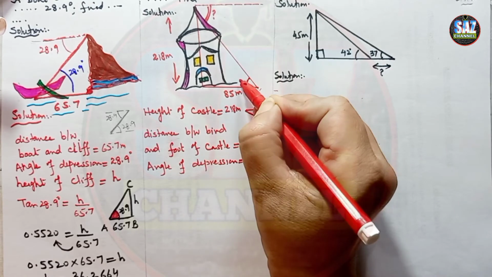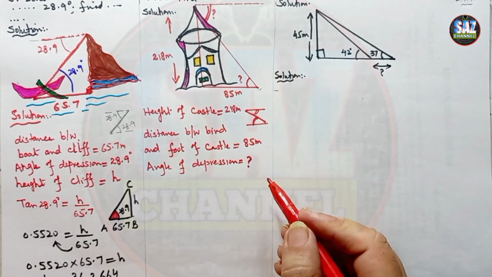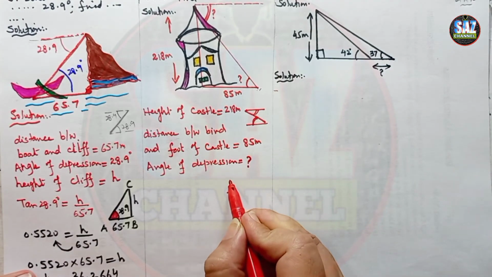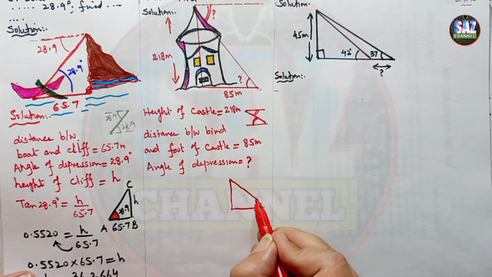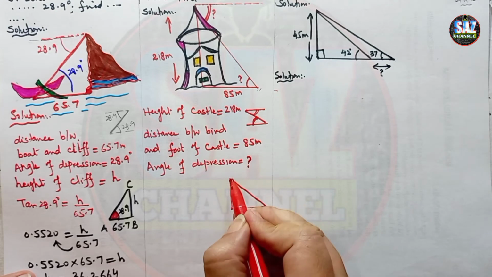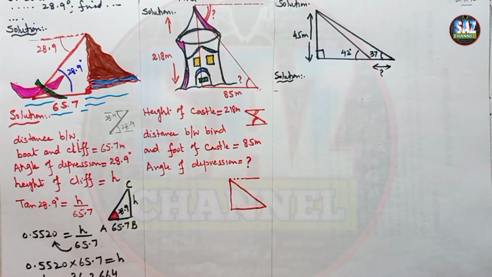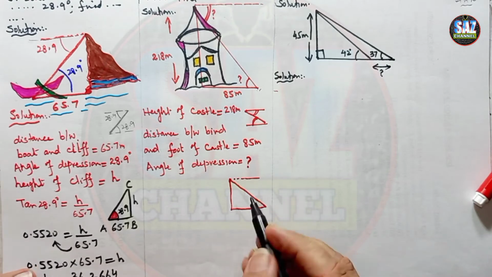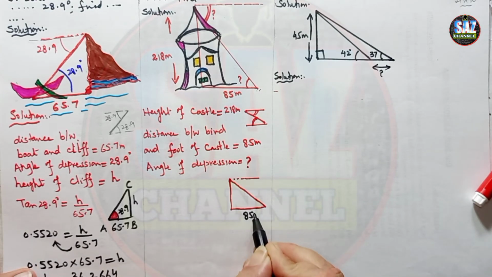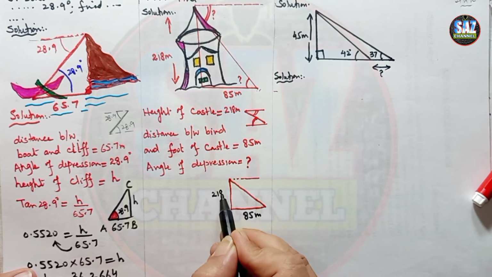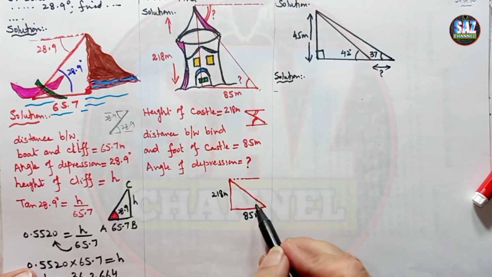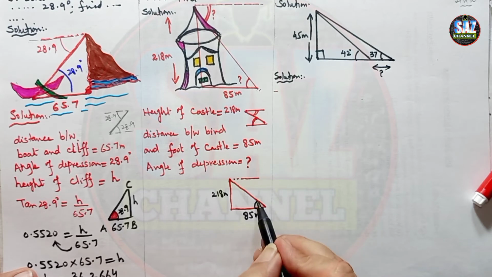This angle is unknown. Okay, let me draw the small diagram here so that my students can understand this question easily. Then this side is 85 meters, and this is 218 meters, and this angle we do not know about.